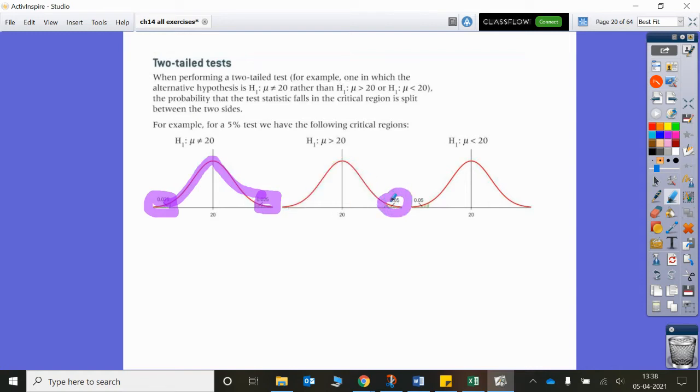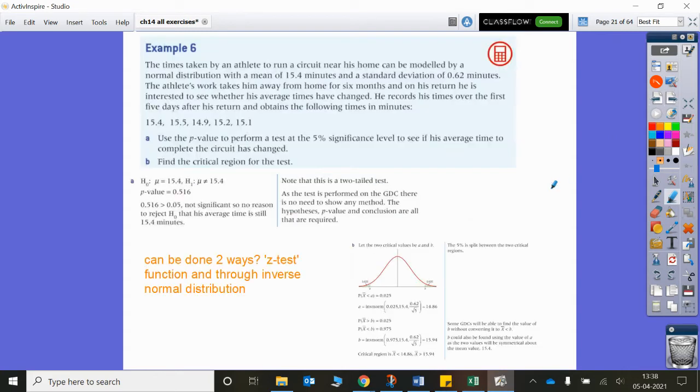So if we land in this, then we can be fairly sure that the alternative hypothesis holds true. And under the alternative hypothesis that we are less than mu0, then we would need to be in the lower tail. Hopefully that is making some sense, but it should make some sense through the example.